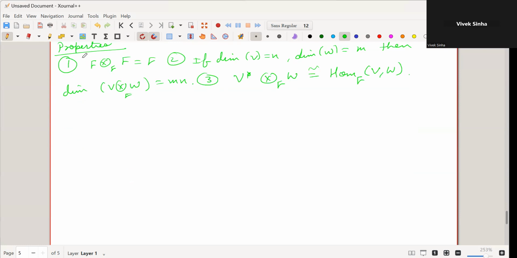I just left something in the bimodules and tensor product part. That was some proof part, giving some construction, but I don't think it is immediately needed for solving the question. So we will move to the assignment solution.